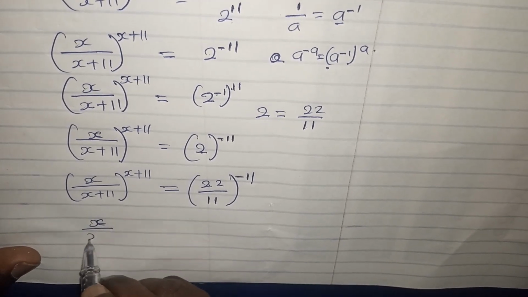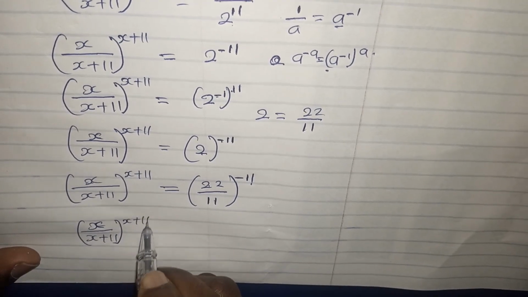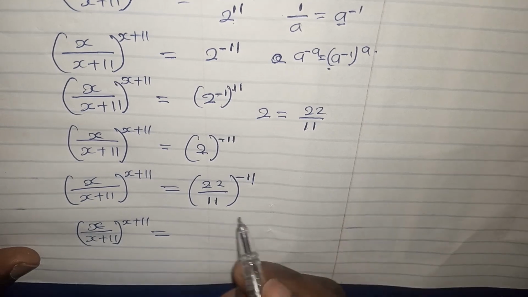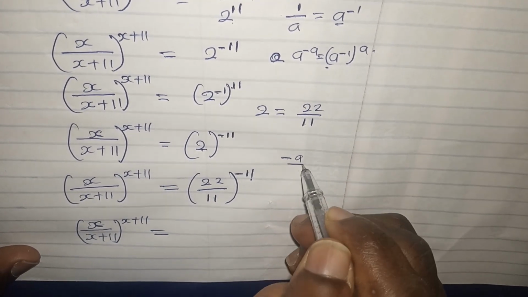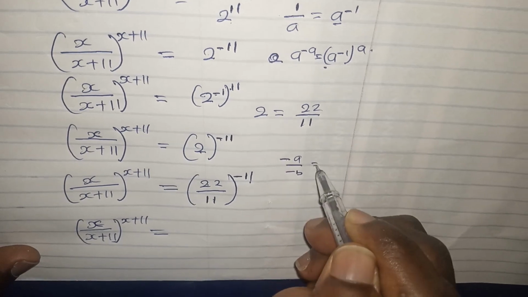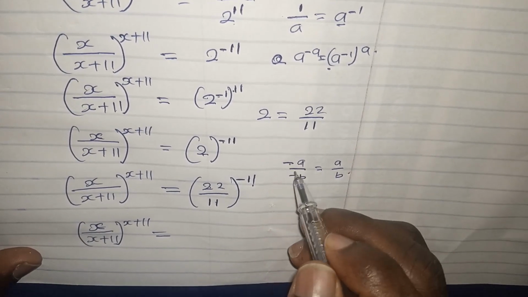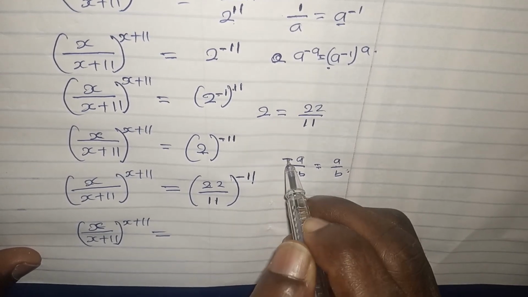Okay, having done this, we can write x over x plus 11 all to the power of x plus 11 is equal to, recall, if we have minus a over minus b, it is also equal to a over b, because this negative sign will cancel off this.